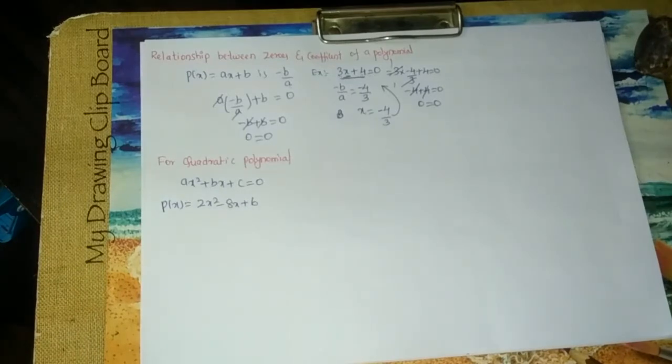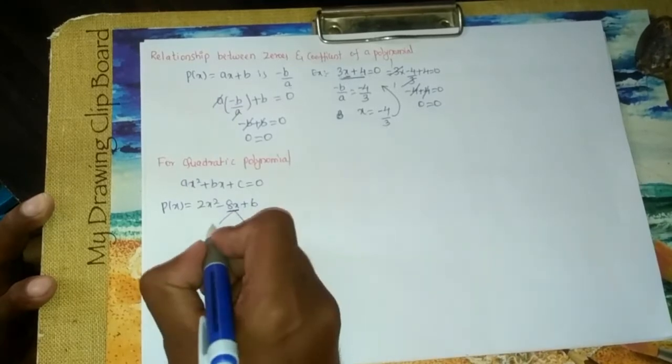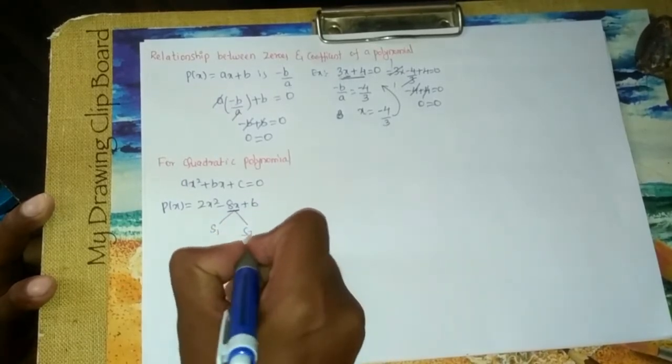In the ninth class you have seen how to factorize it. The factorization of a quadratic polynomial by splitting the middle term: this is the middle term, we have to split it into two, say s1 and s2.